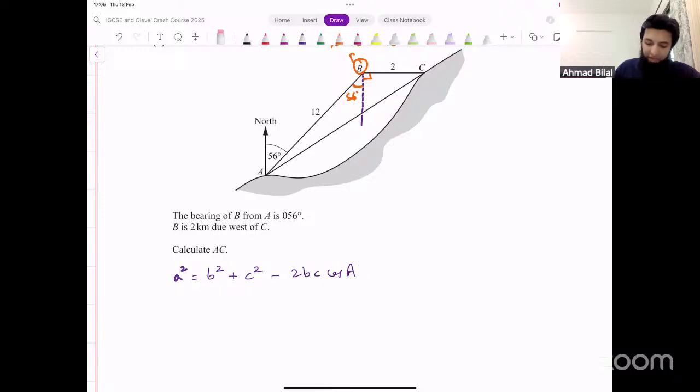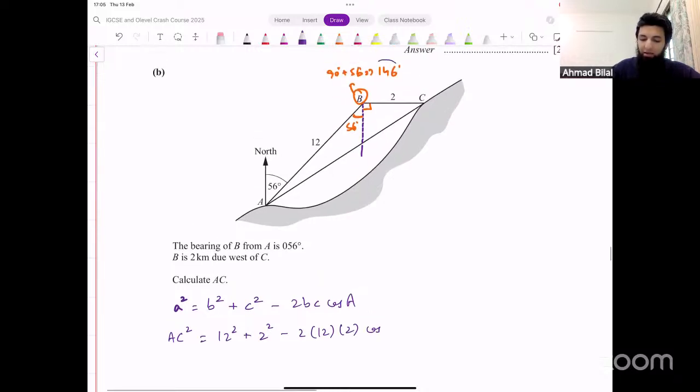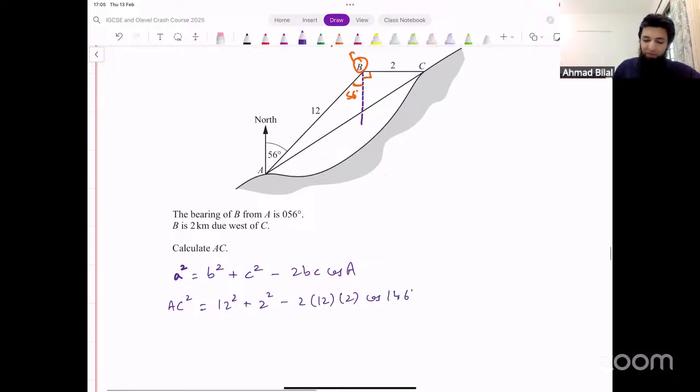So we have AC squared, that equals B squared plus C squared. B and C could be any of the two other sides. So I can say maybe this is B. So I have 12 squared plus 2 squared for the other side, minus 2 times 12 times 2 times cos of A. What's A? This angle here, that's 146 degrees. And that's going to give us the value for AC.